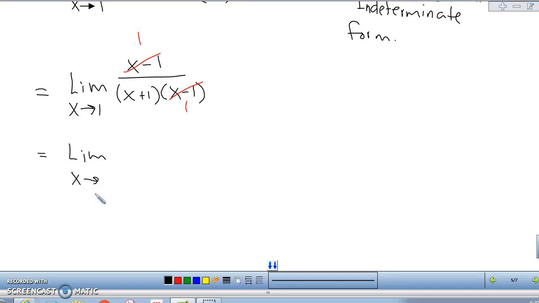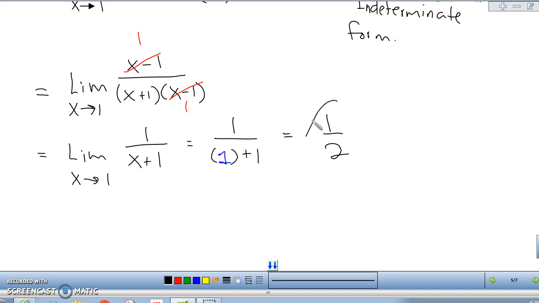So now we're going to apply direct substitution to 1 over x plus 1. The limit of 1 over x plus 1 as x approaches 1 is 1 over 1 plus 1, which is the 1/2 that we saw graphically.